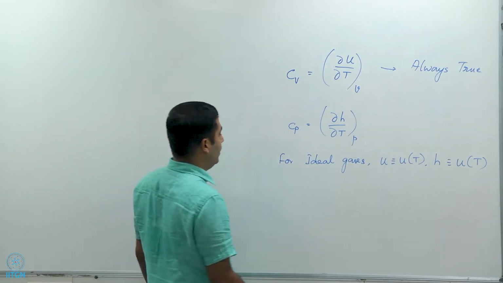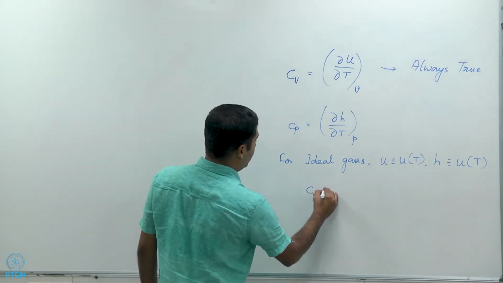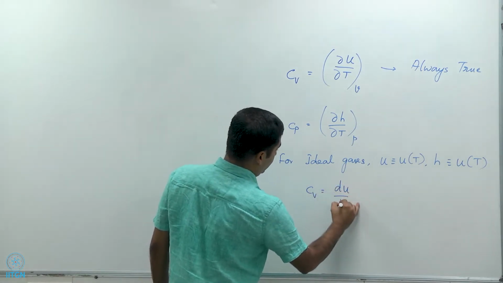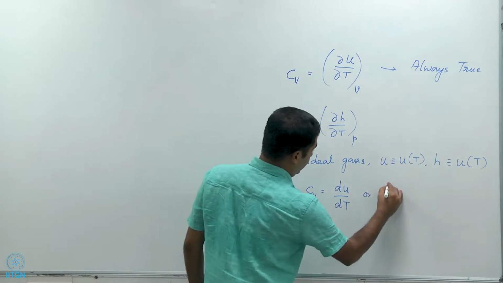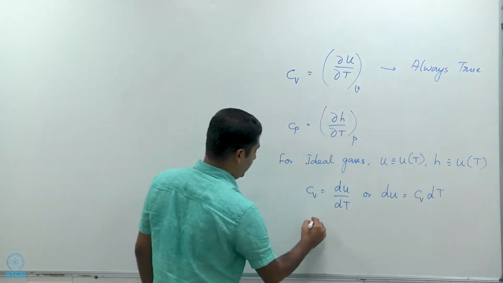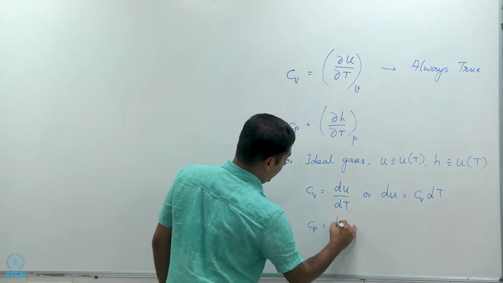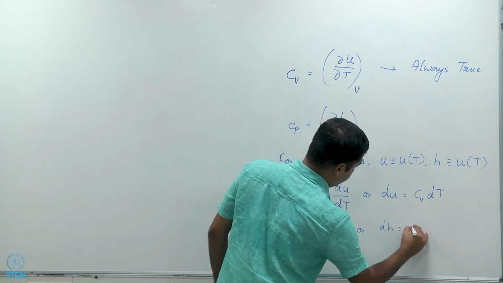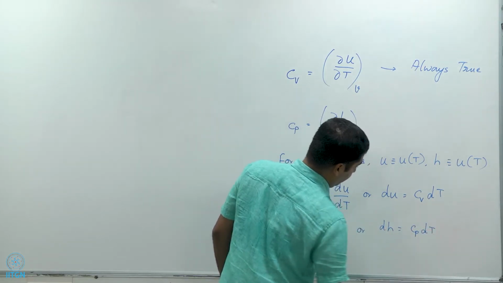And so therefore, we can write Cv as du/dT or du equals Cv dT, and similarly Cp equals dh/dT or dh equals Cp dT, right?